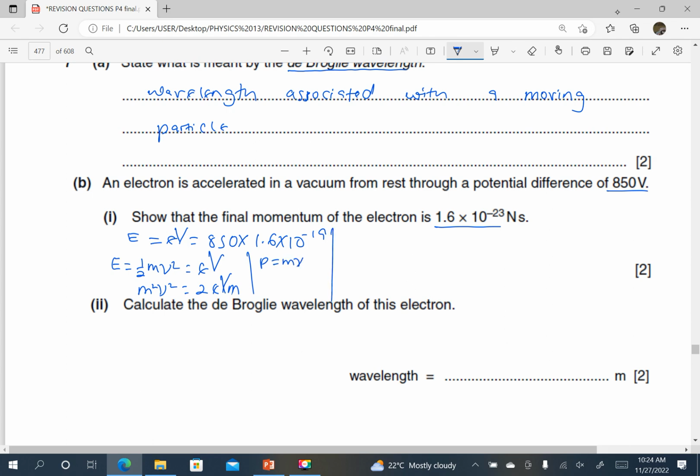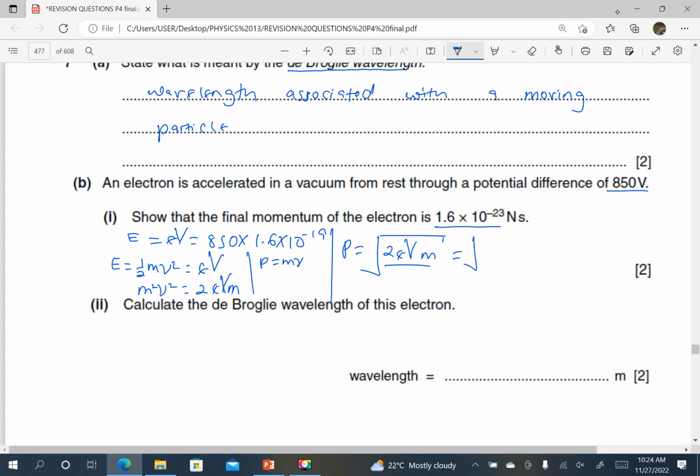Therefore momentum is going to be the square root of 2eV times m, because I'm finding the square root. Yes, this is momentum squared equals 2eV times m. Remember eV is that one, so I just substitute.